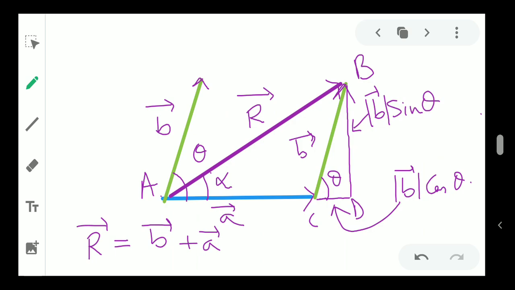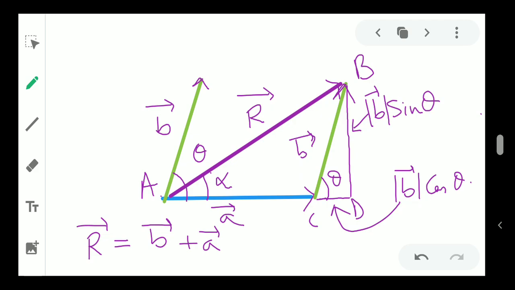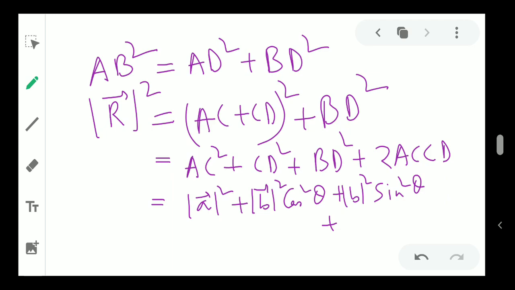Then I have CD, that is B cos theta. So B square cos square theta, plus BD, that is B square sine square theta, plus 2 into AC, that is A, and CD, that is B cos theta.